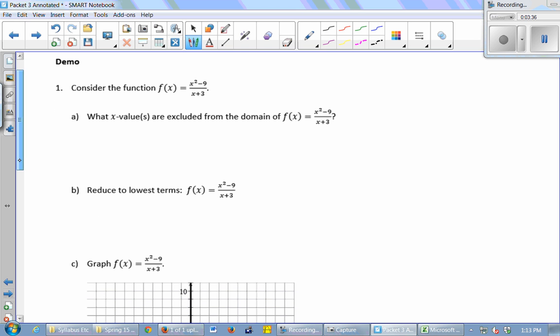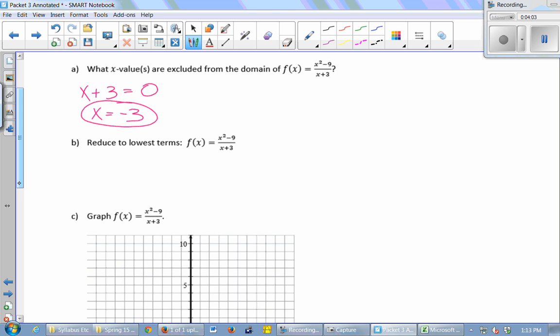All right, so let's look at the function x squared minus 9 over x plus 3. What x values are excluded from the domain? -3, right? Your denominator cannot be 0, so -3 is excluded from the domain. Now I want to reduce this rational function to lowest terms.